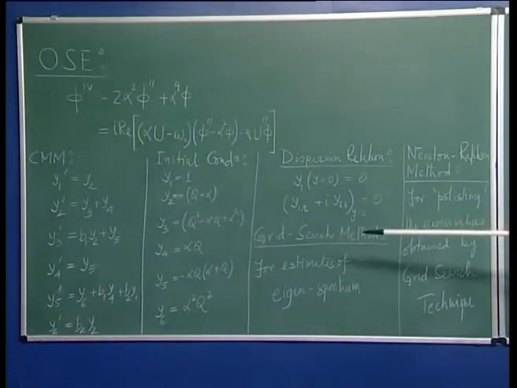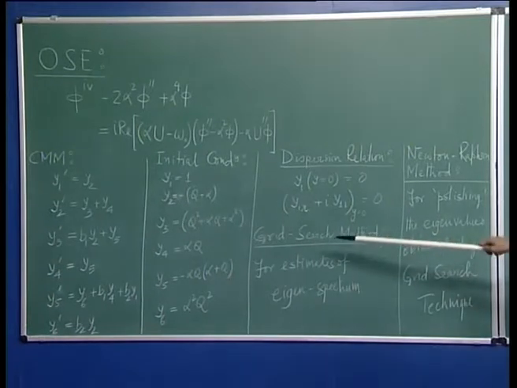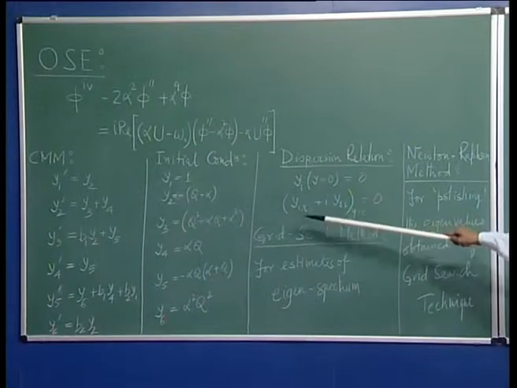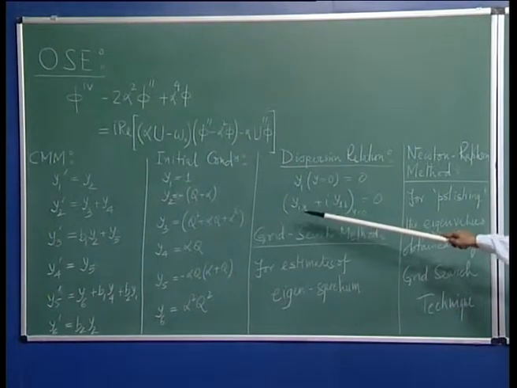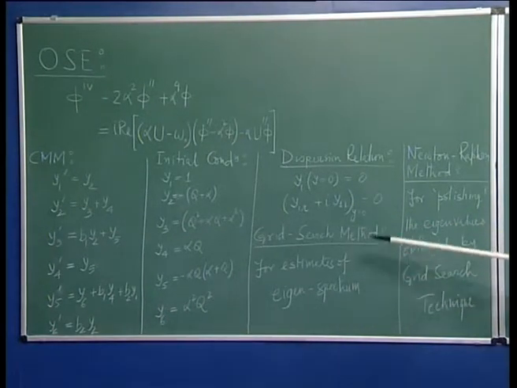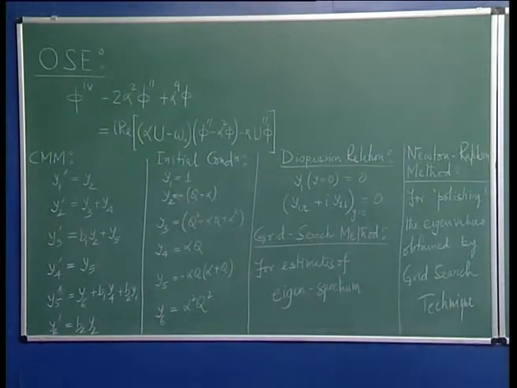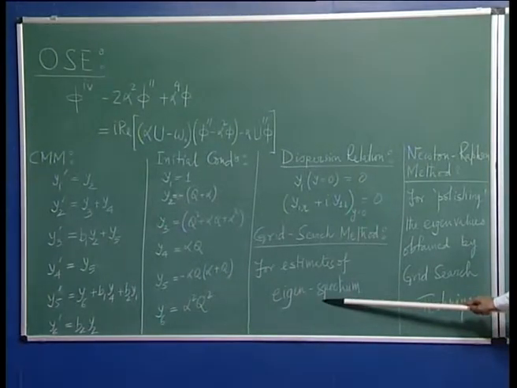Then we talked about a grid search method. In that grid search method, we look at the 0 contours of y 1 real and y 1 imaginary. Wherever they intersect gives us eigenvalues. The collection of these eigenvalues is called the eigenspectrum.